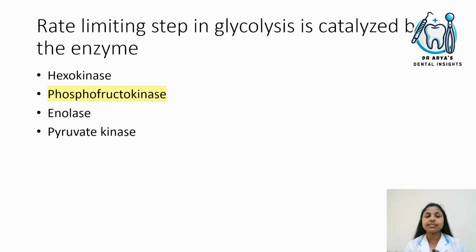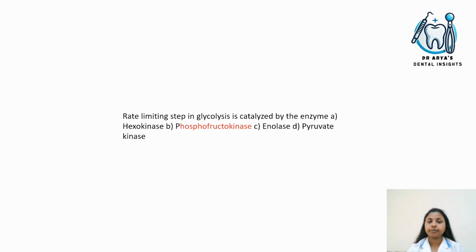So the correct answer is phosphofructokinase. So the rate limiting step in glycolysis is catalyzed by phosphofructokinase.